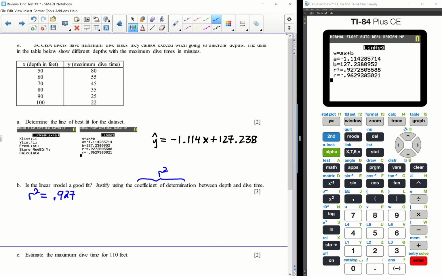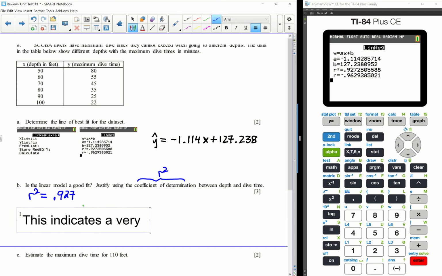All right, so I'll just type this. This indicates a very strong linear relationship between depth and dive time. And again, throw an extra "very" in there if you're not sure that you've emphasized the strength properly.